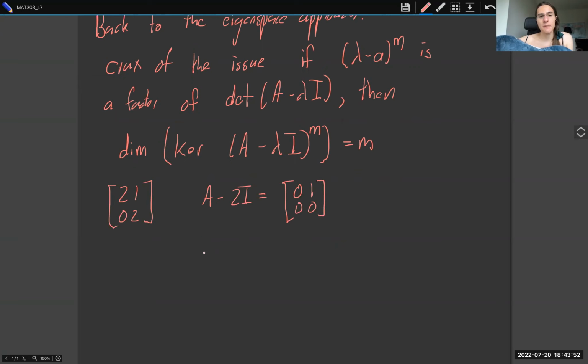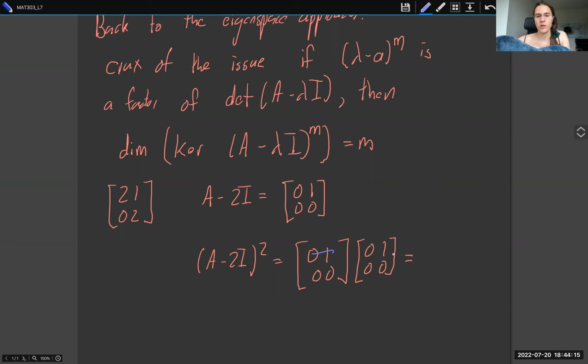And if we take a minus 2i and we square it, then we get a matrix multiplication. Let's see what it looks like. Well, you do this by this and you get 0. Then you do this by this and you get 0 here.